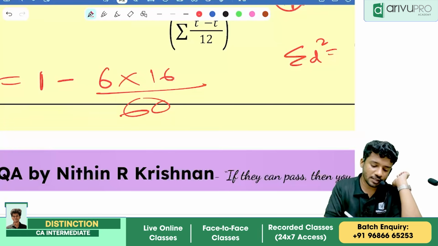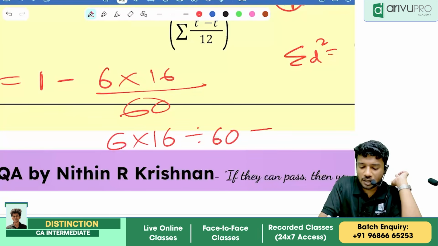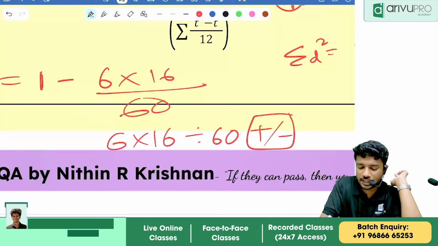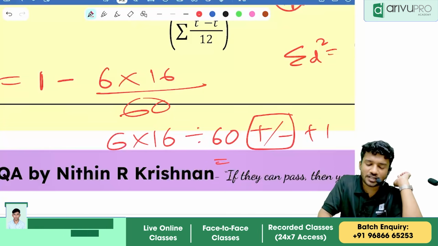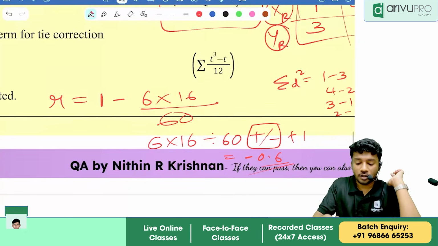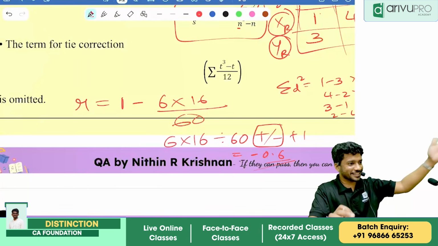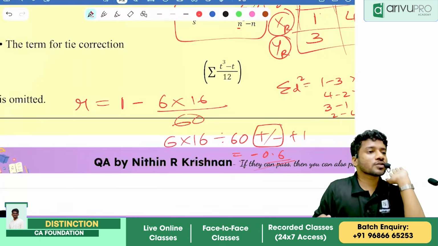Give me the answer in calculator: 6 into 16 divided by 60. Click plus or minus. Then add 1. How much is the answer? Minus 0.61. This is the answer. Fine. So understood the method, people?